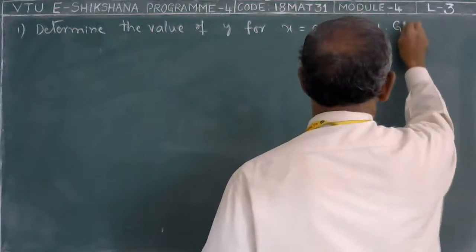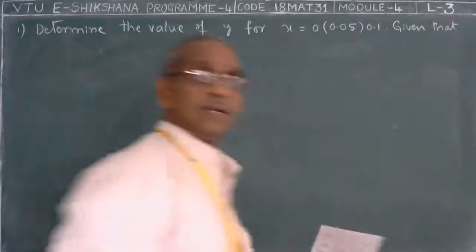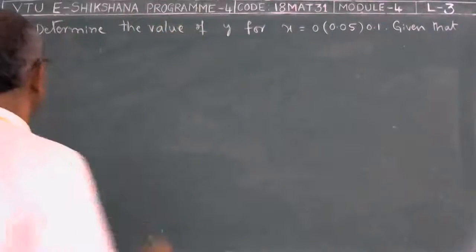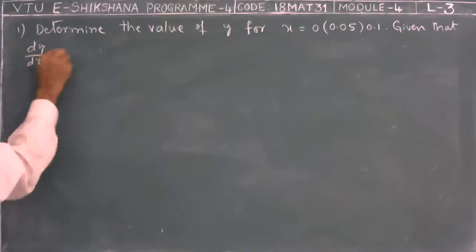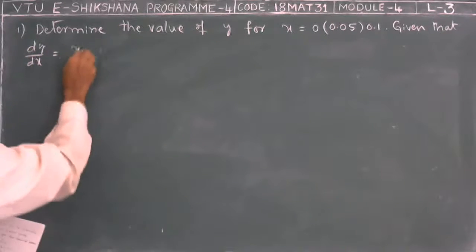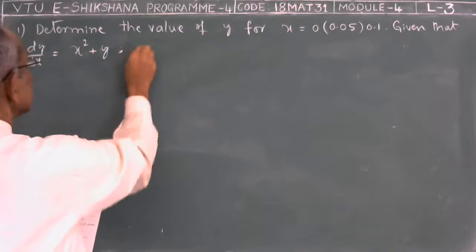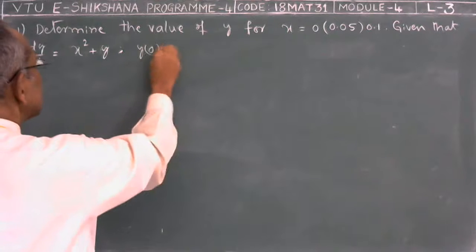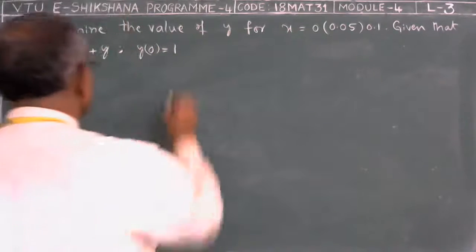Given that dy by dx is equal to x square plus y, where y is 1 when x is equal to 0. That is the initial condition.